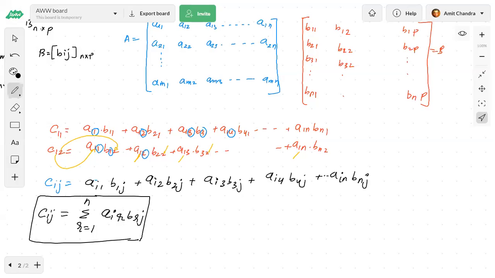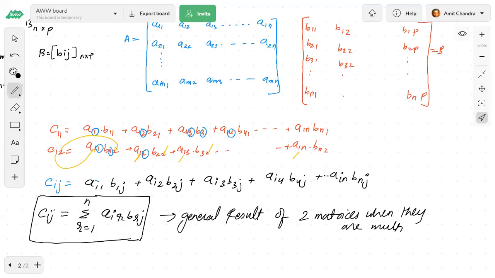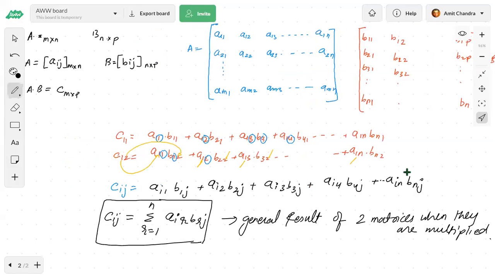So we can write this as a general result of two matrices when they are multiplied. Okay, just check this and copy this first. Then we'll do a question based on this.